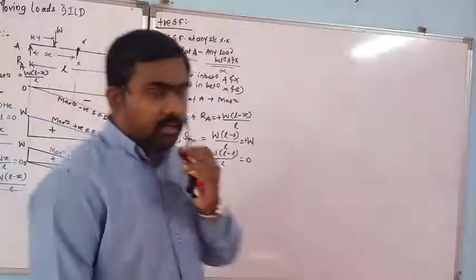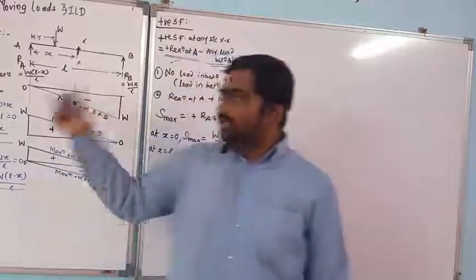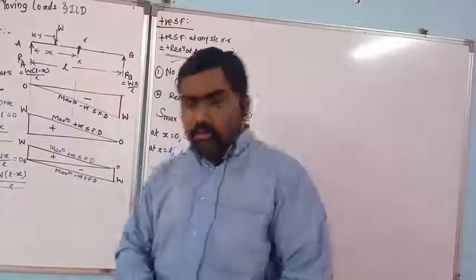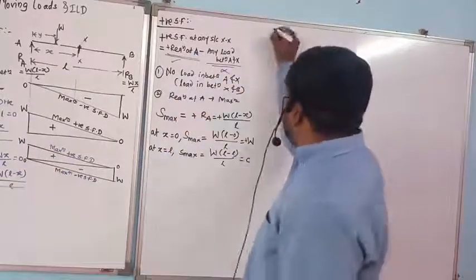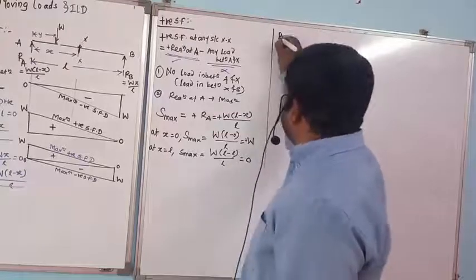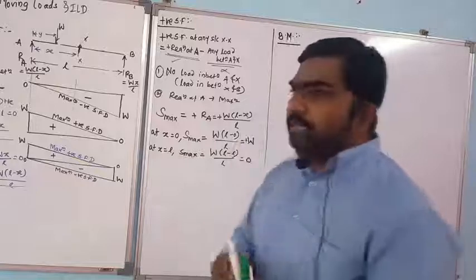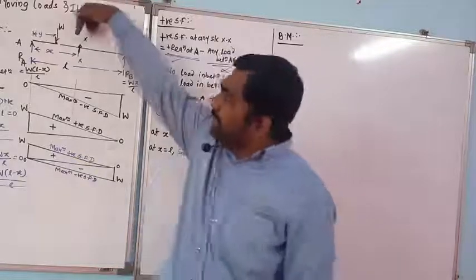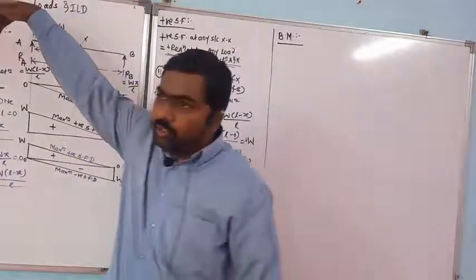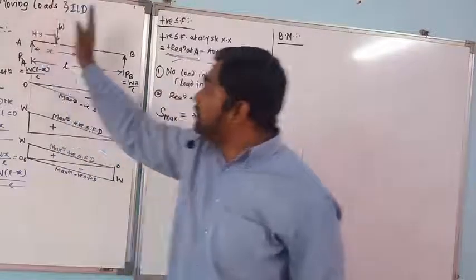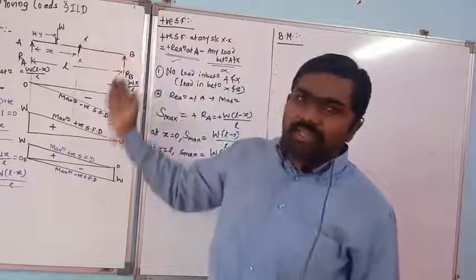So up till now we have learned what is the negative shear force and what is the positive shear force. Now we are going to learn the next part, that is bending moment. In this beam particularly we all know that when this W is rolling towards A, RA is increasing, and when this W is rolling towards B, RB is increasing.